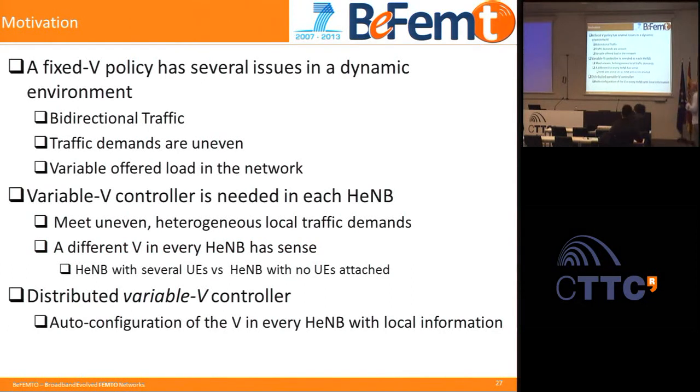We took a look at what happened in the previous study, and we saw that we have problems with bidirectional traffic. On the other hand, traffic demands for every node do not have to be constant.